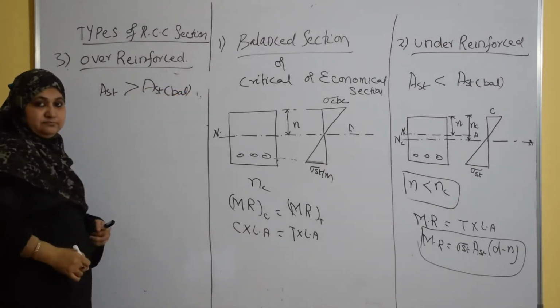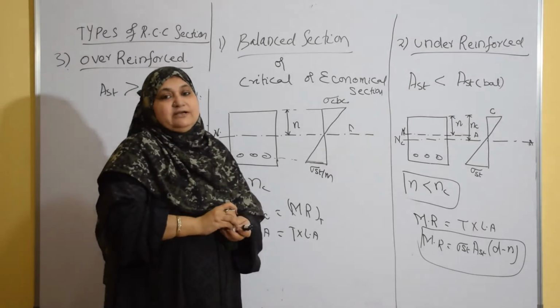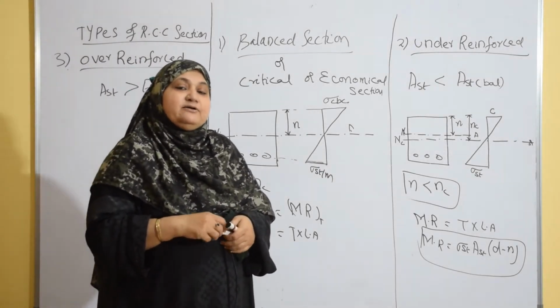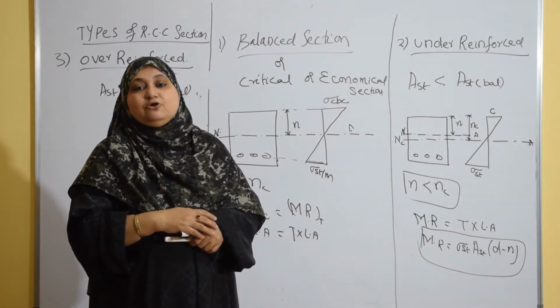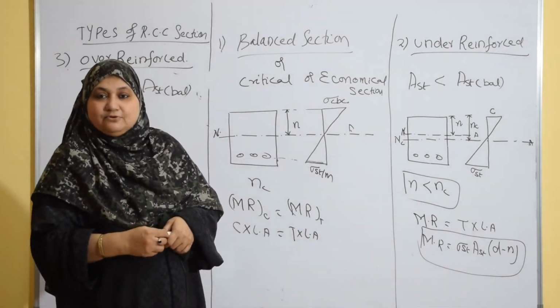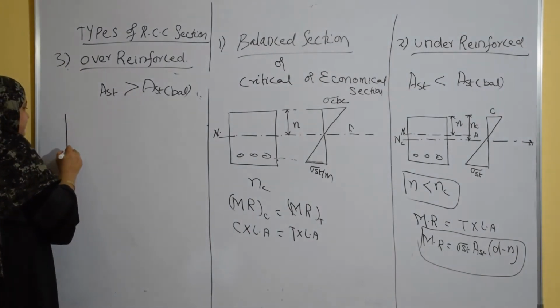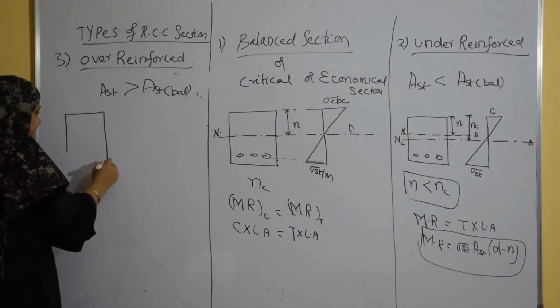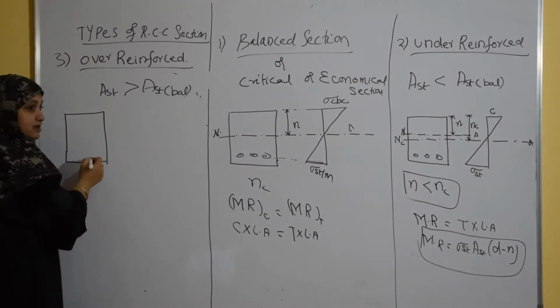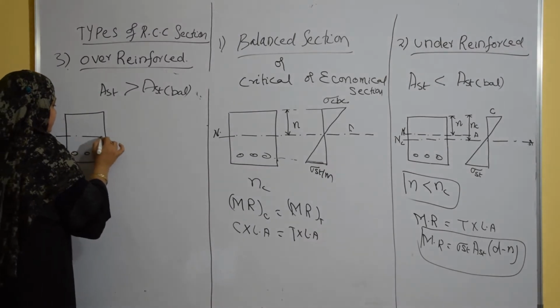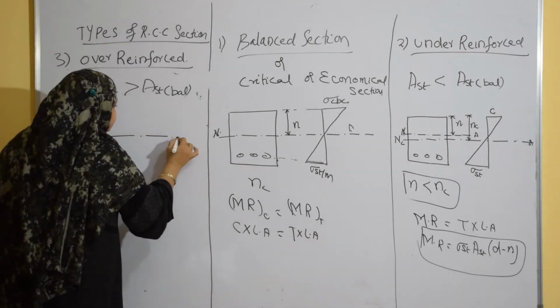Because steel is more, it is safe, right? So here the stresses in concrete will reach their permissible value before the steel. So once again, if I draw the same figure, first I will draw the neutral axis of a balanced section.